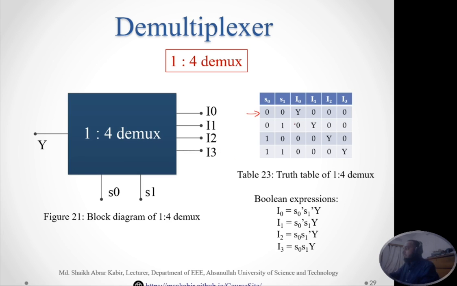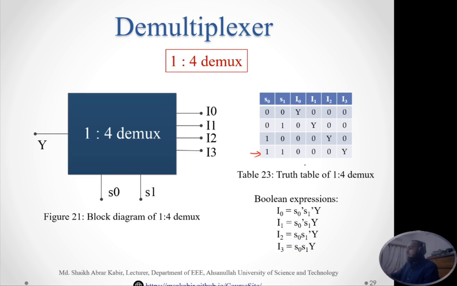When S0 is 0, S1 is 0, we will get the expressions like these: 1 into y equals y, 0 into y equals 0, 0 into y equals 0, and 0 into y equals 0, because in that case only this product will be 1 and the other products will be zeros. So we will get y only at the output I0, and the other outputs will become zeros.